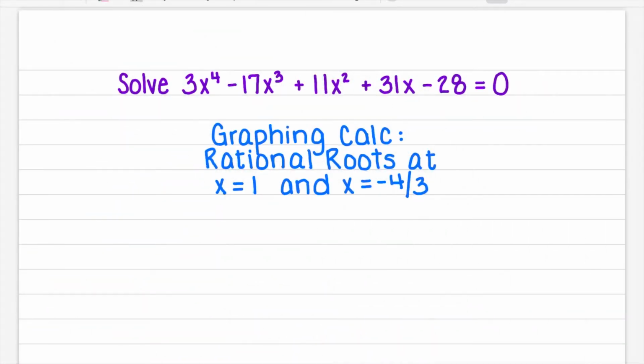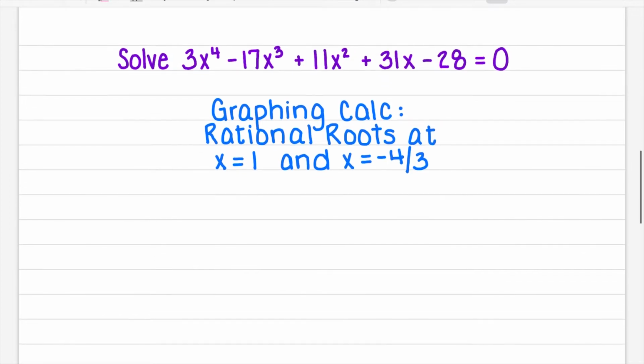So at this point, we have our two rational roots, and we're going to use them to depress the original equation using synthetic division. So I'm going to use x equals 1 first. It doesn't matter, but sometimes I like to use the easier one first because then the depressed equation is a little bit shorter, and I'd rather use the fraction on that one.